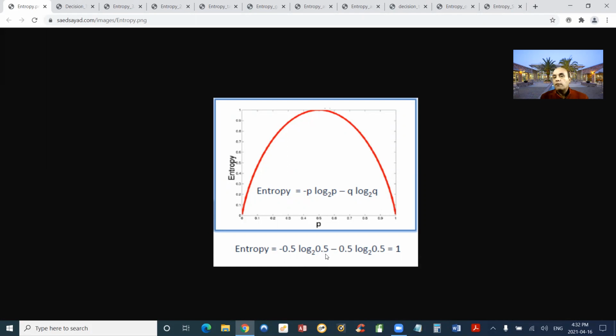Log base 2 of 1 over 2 is going to be minus 1. Minus 1 times minus half, and minus 1 times minus half. Together, it's going to return to you 1. For the maximum entropy of 1, it means the decision is very difficult to make. It's not pure. It's actually impure. That's what we say.